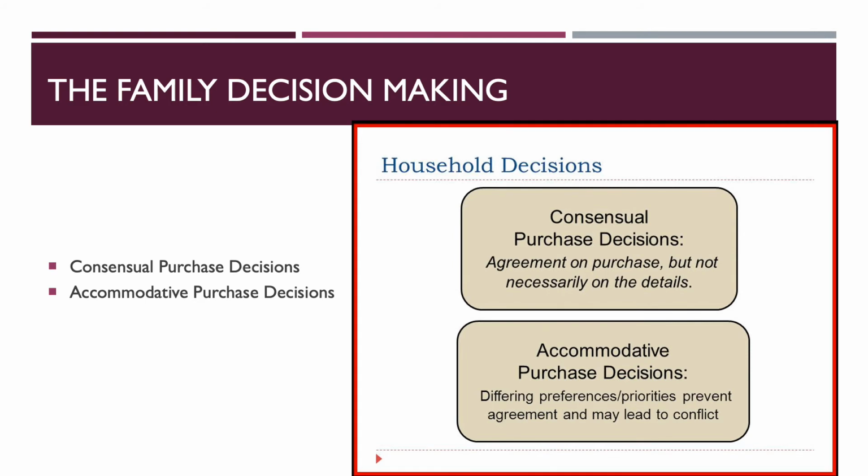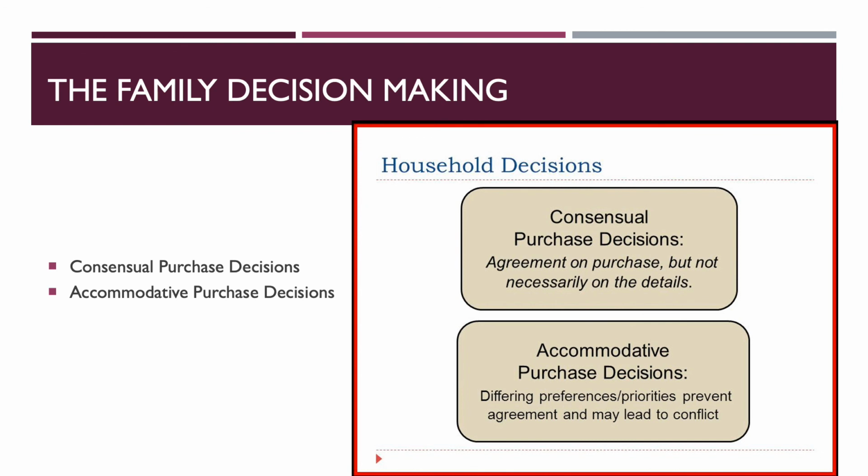Now, the family decision making. Families make two types of decisions: consensual and accommodative. Consensual purchase decisions are those for which members agree on the desired purchase, differing only in terms of how it will be achieved. Accommodative purchase decisions are those for which members have different preferences or priorities, and they cannot agree on a purchase to satisfy the minimum expectations of all involved.